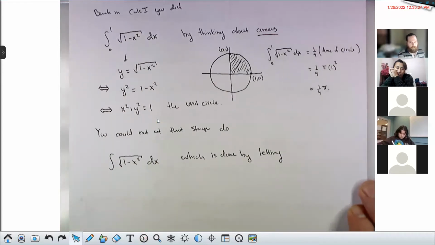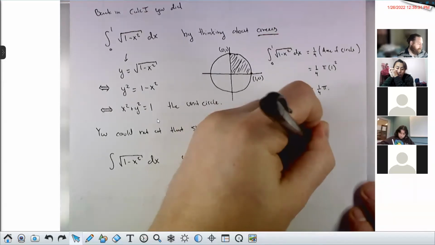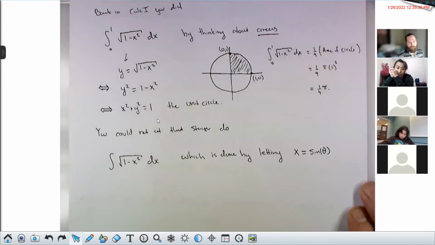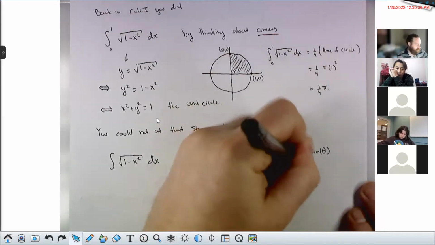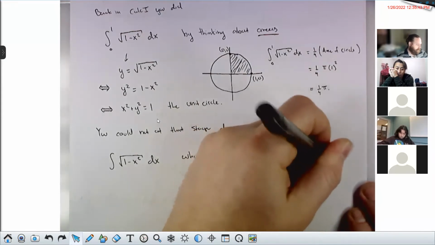What you're going to do is let x be sine of theta. Now, of course, that means dx would be cosine of theta d theta.